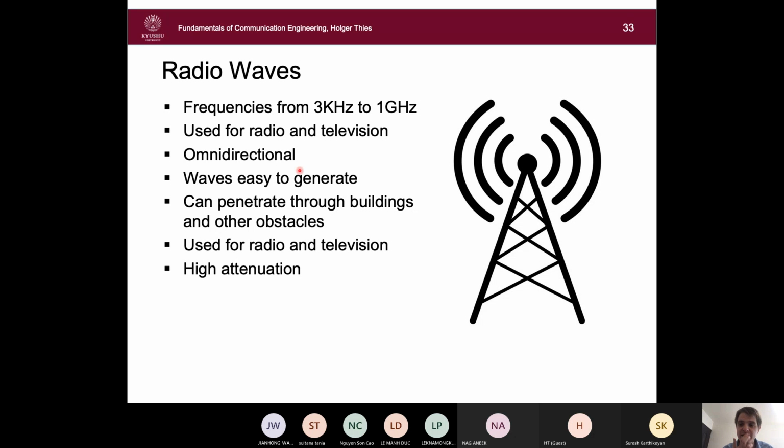They are omnidirectional, meaning there's one big antenna that sends out the signal in all directions, and we don't have to point the antenna in the direction of the waves. It has the advantage that waves are quite easy to generate. They have very long wavelengths, so they can penetrate through buildings and other obstacles.